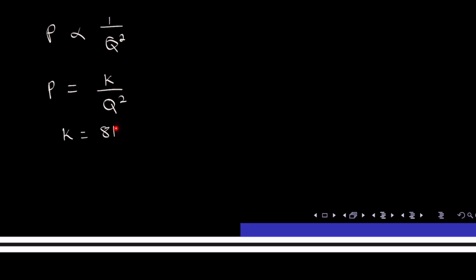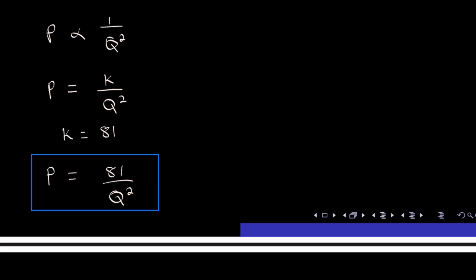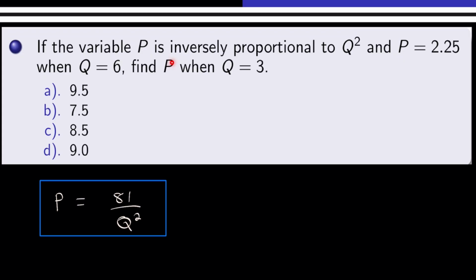And so we are going to substitute 81 in place of k in this expression. Thus, our expression is going to be p is equal to 81 on q squared. So we now have our expression for p. Now, from the question, we have to find p when q is equal to 3.